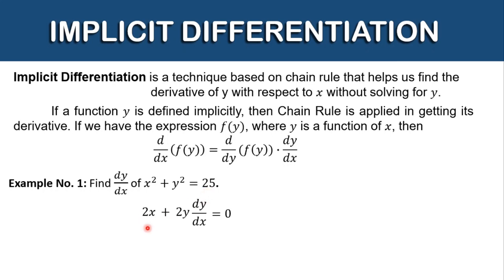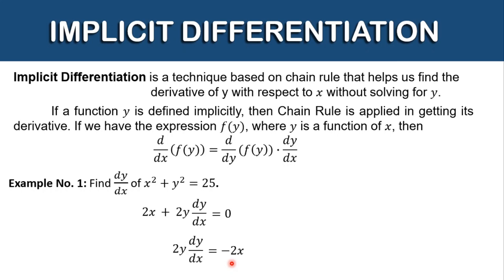Then after differentiating, we isolate the term with dy over dx, which is this term. We have 2y dy over dx, which is equivalent to, we move this to the other side, negative 2x. So 2y dy over dx is equal to negative 2x.